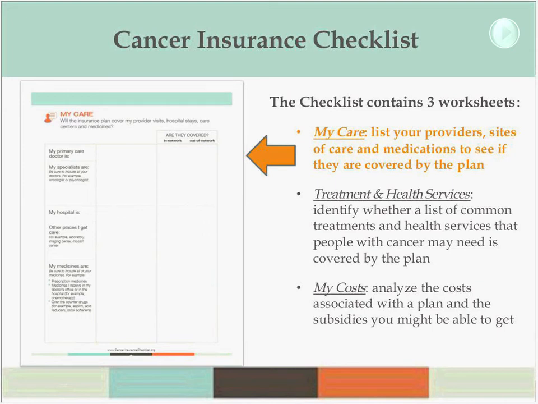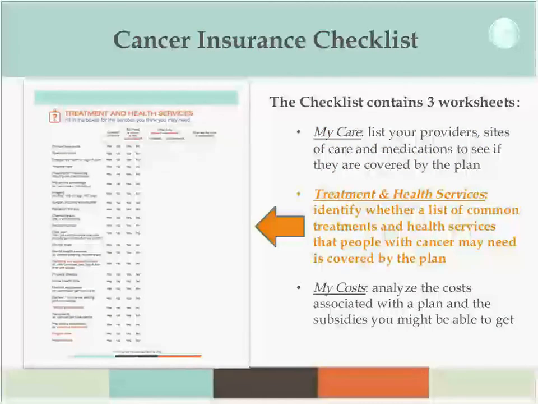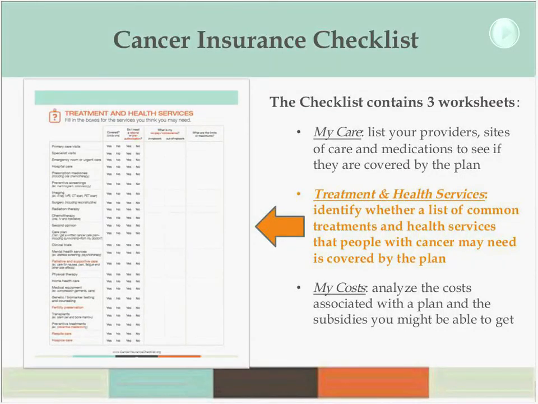The next page of the Cancer Insurance Checklist talks about treatment and health services. When you think about what your particular needs might be, think about whether or not they're covered in-network, out-of-network, and what the cost might be. Go down this checklist to make sure that you're thinking through anything that might be possible for you. We've tried to make this list as comprehensive as possible.